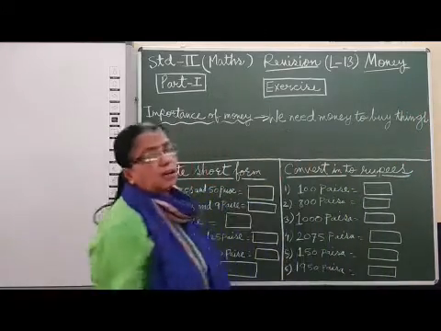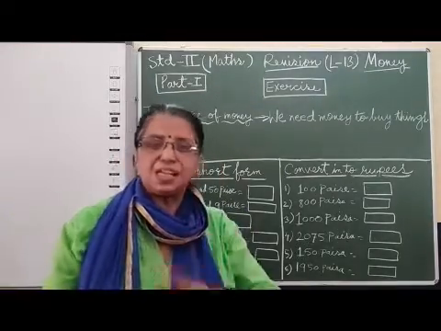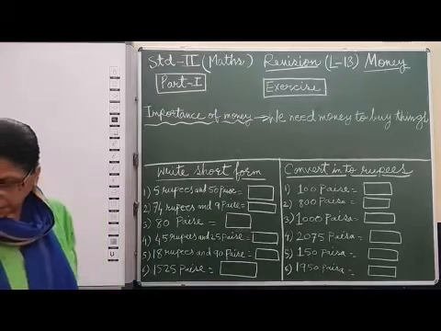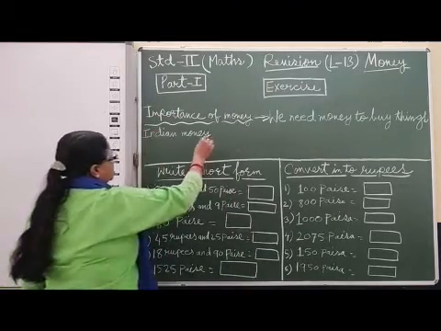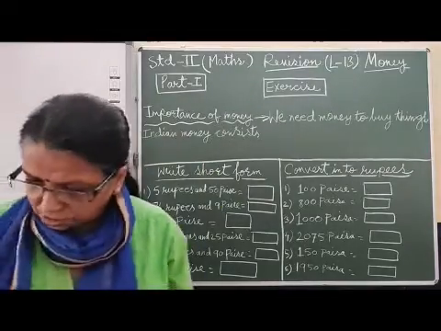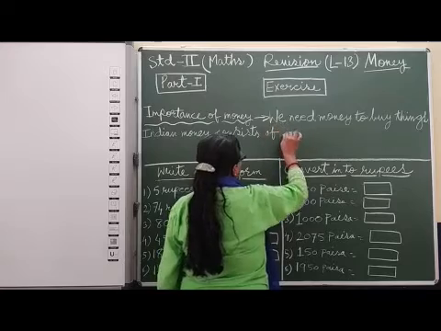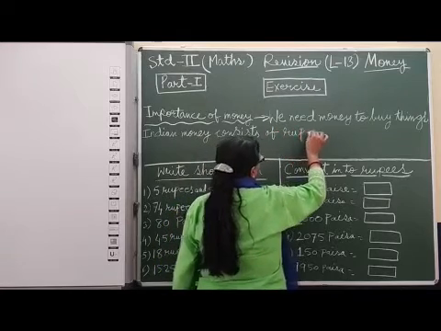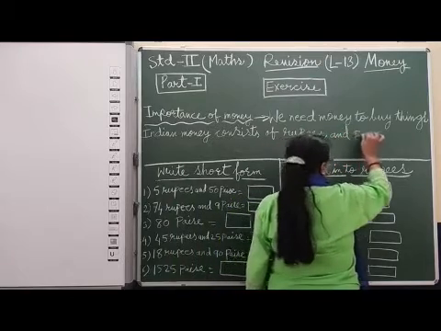Now, Indian money or currency is made of rupees and paise. So you can write here, Indian money consists of rupees and paise, that we have learned.